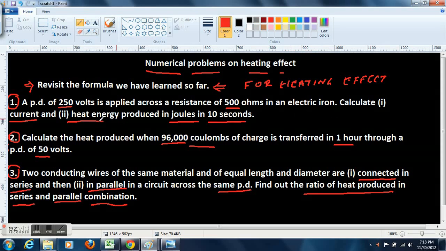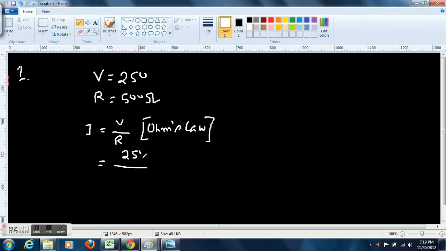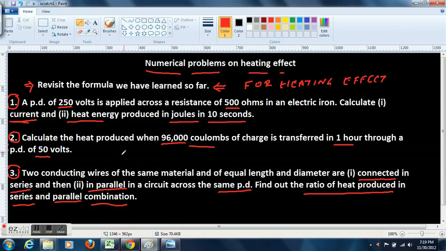So the first thing that we need to find out is the current flow. Current flow I equals potential difference upon resistance, that is from Ohm's law, V equal to I into R, or I equal to V upon R. V is 250, R equal to 500, so this is coming as 0.5 ampere, which is the current flow.